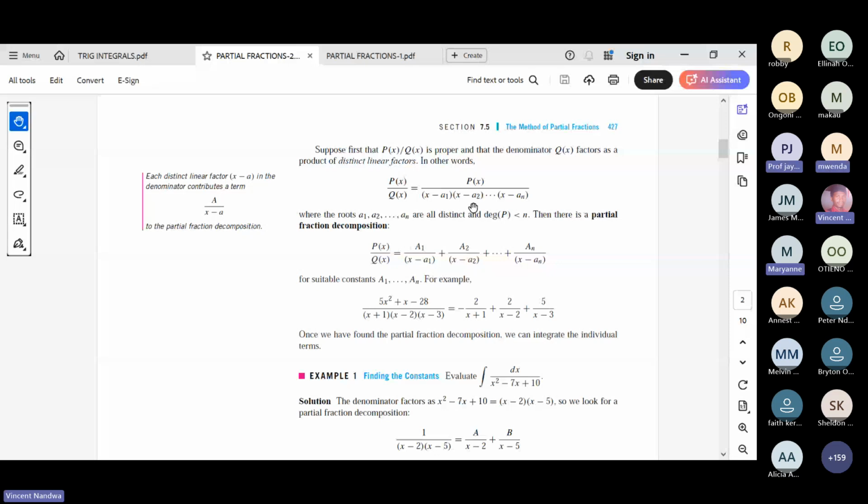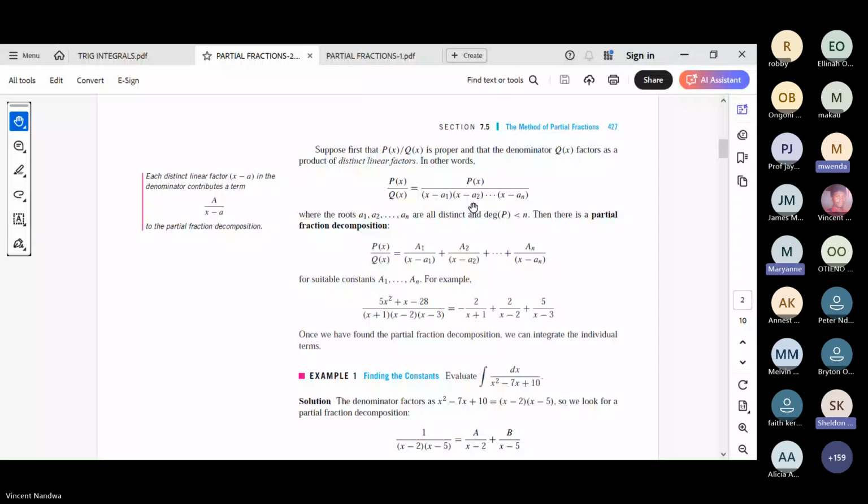So -3 times -4 gives you 12. So we'll have 12a1 equals 24. So what's the value of a1?